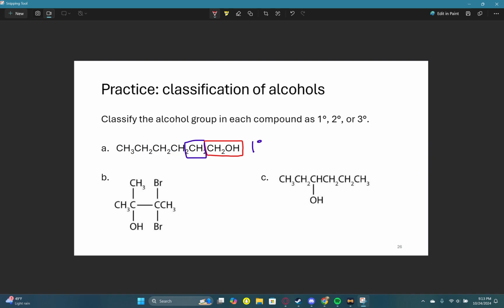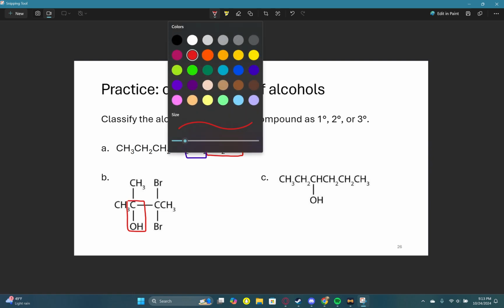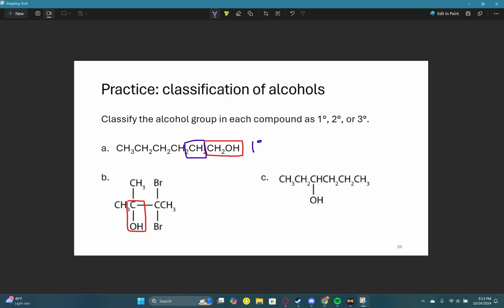In letter B, or example B, I can see that the alcohol group is down here, COH. Remember, that is an alcohol group, COH. I also see that it's bonded to 1, 2, 3 carbon molecules or compounds, whatever it's called, making example B a tertiary alcohol group, or tertiary alcohol.